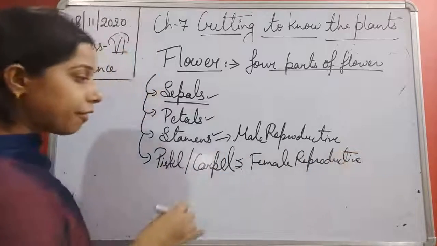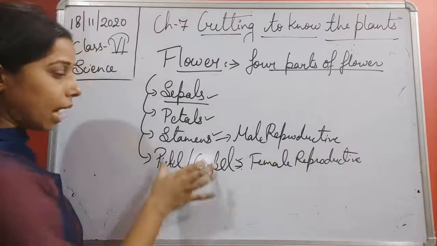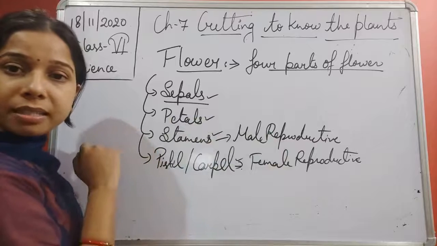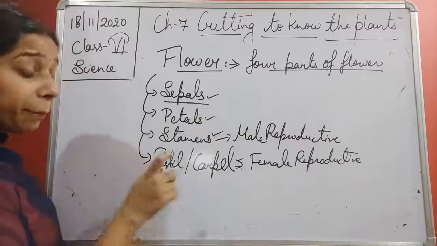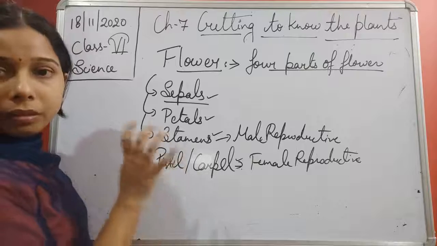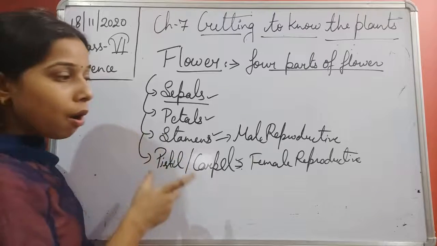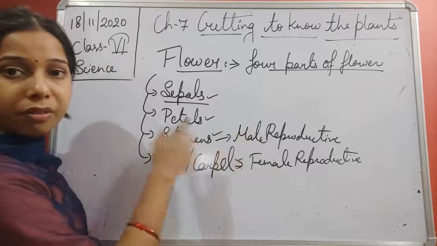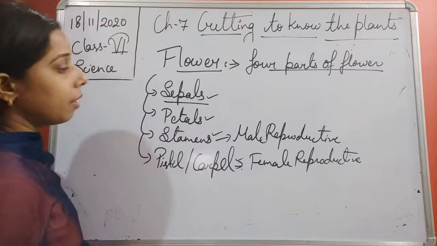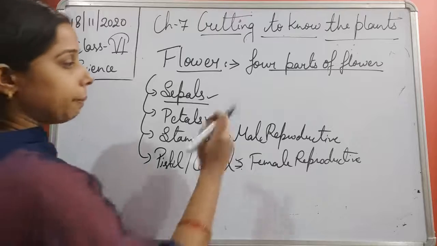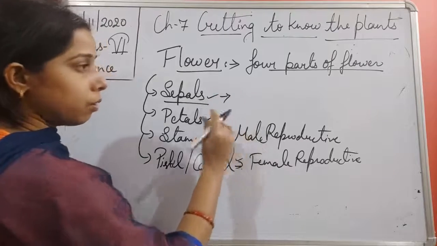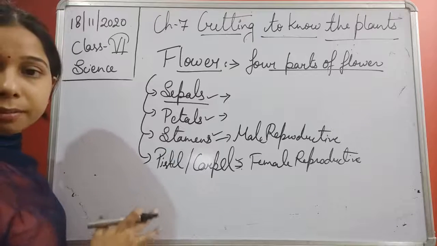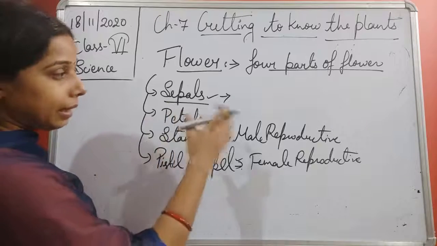So the male reproductive part which is present in the flower is known as the stamen, and pistil or carpel both we can use for representing the female reproductive part of the flower. Okay. If we talk about the sepals and petals, students, let me tell you about it, and we will discuss each and everything in detail.